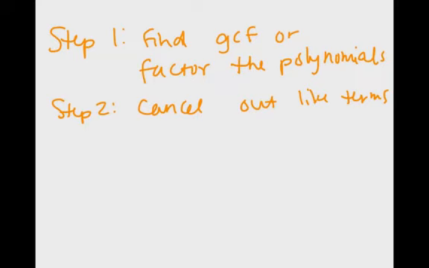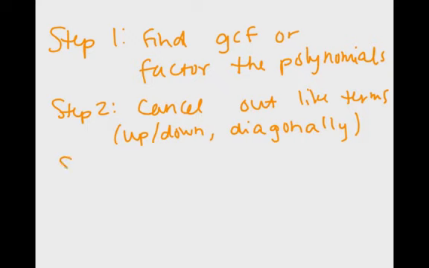And remember, we only cancel up and down, or diagonally, never horizontally. So I'll write that down for you. Up and down, or diagonally. Remember, never horizontally. Alright, so step 3 would be multiply. And remember, we do that straight across.